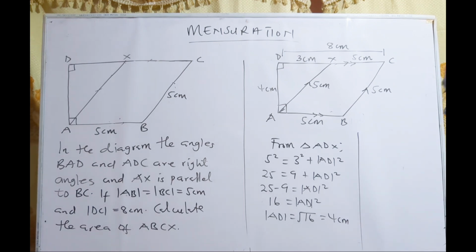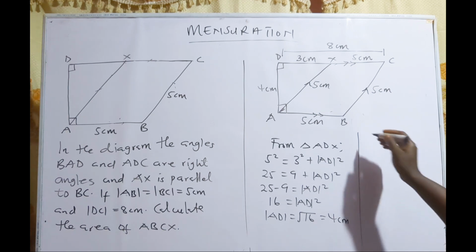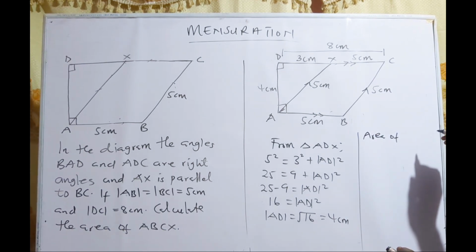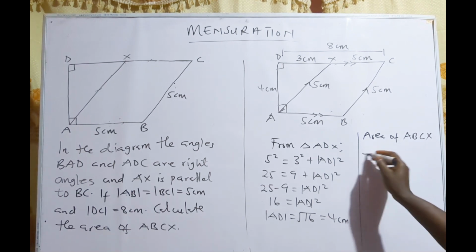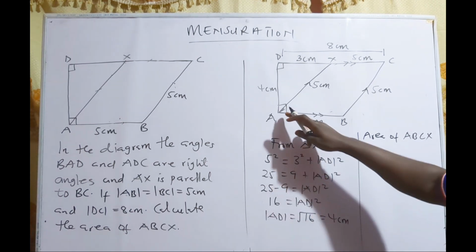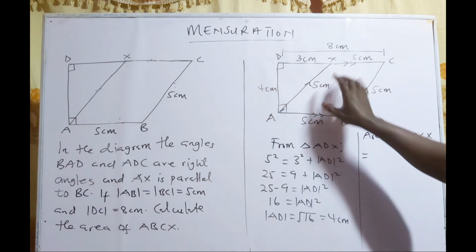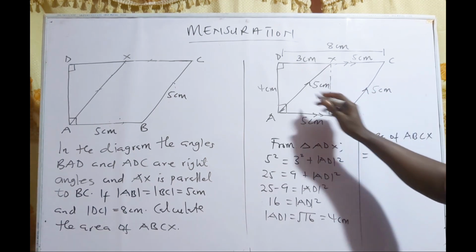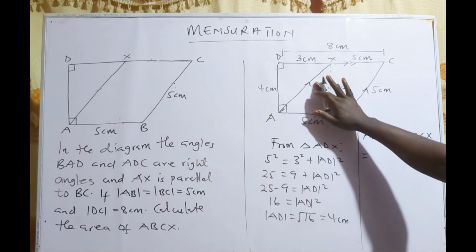That's the same as the height. So if you have been able to calculate here, then the area of ABCX is equal to the length of the base times the height, because we are calculating the area of this. So what we have to take note of is that its height will also be 4 centimeters.